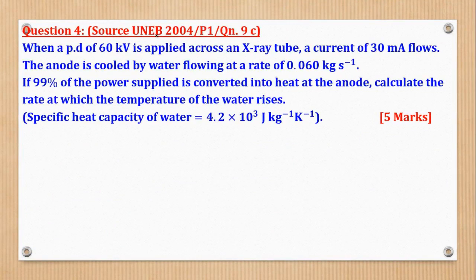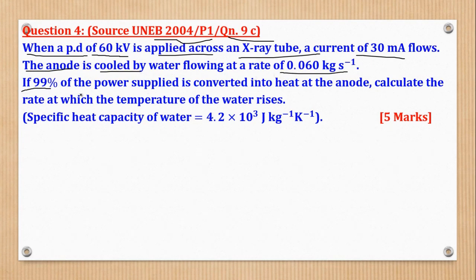Then question 4 came from UNEB 2004 paper 1 question 9c, and it says, when a PD of 60 kilovolt is applied across an X-ray tube, a current of 30 milliamps flows. The anode is cooled by water flowing at a rate of 0.06 kilograms per second.